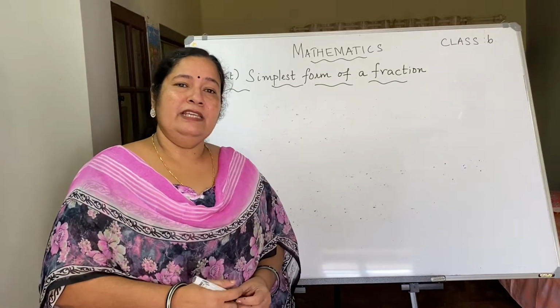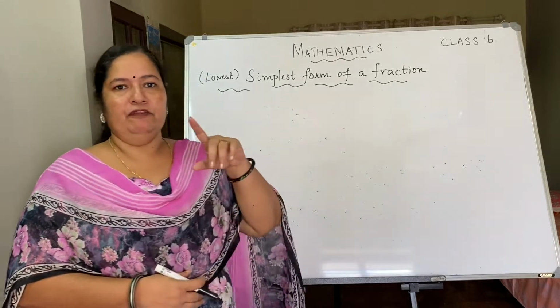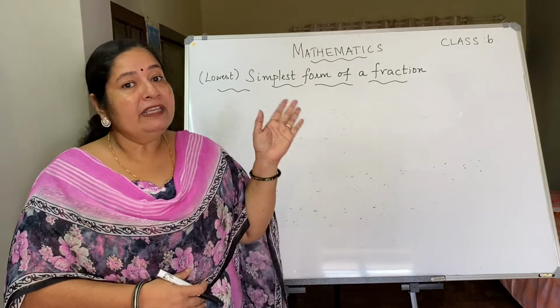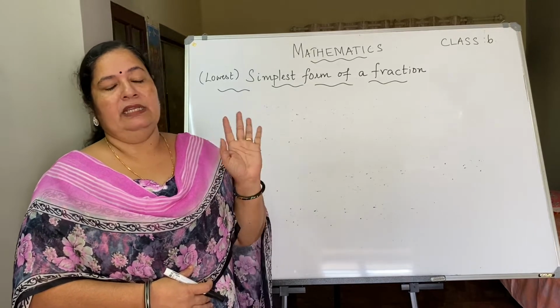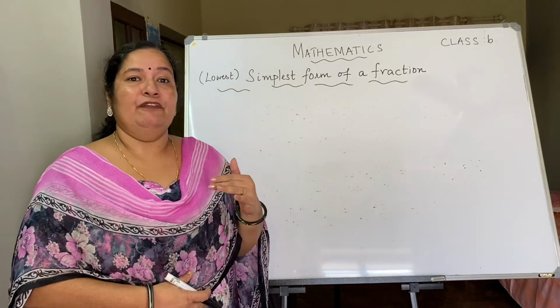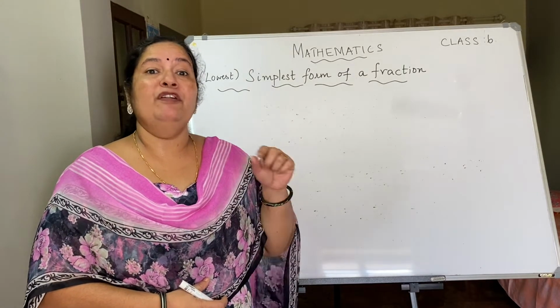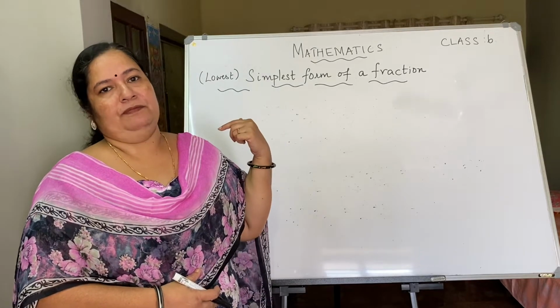So we have seen how to reduce a given fraction to the simplest form by the first method, that is by dividing continuously with the same number, the numerator and the denominator. Now the second method is you find the HCF, the highest common factor, of the given numerator and denominator of the fraction.